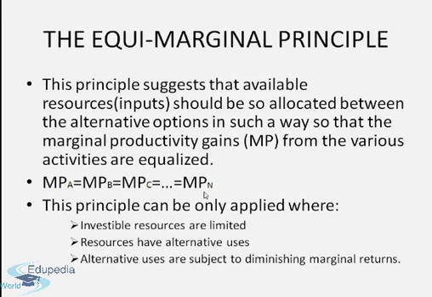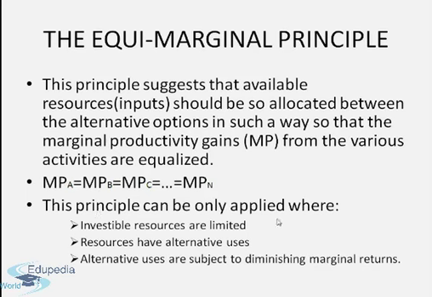Whatever the alternative uses of the resources, the marginal productivity of all of them should be equal. That is, MPA equals MPB equals MPC equals MPN, the number of alternative uses which a resource can have.